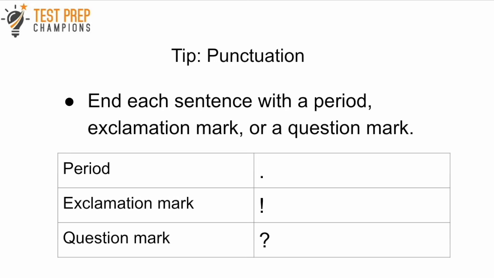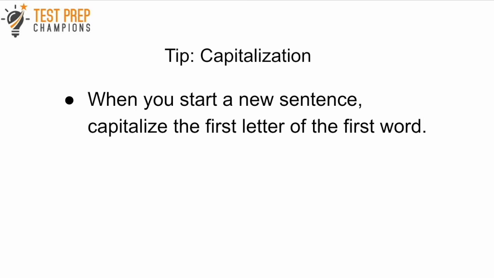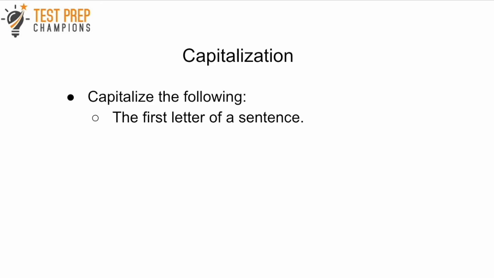This next tip is for punctuation. To fully maximize your score, you'll want to end each sentence with a period, an exclamation mark, or a question mark. And along with punctuation is capitalization. So when you start a new sentence, you'll want to capitalize the first letter of the first word. So here are some things that you'll want to capitalize to fully maximize your score.